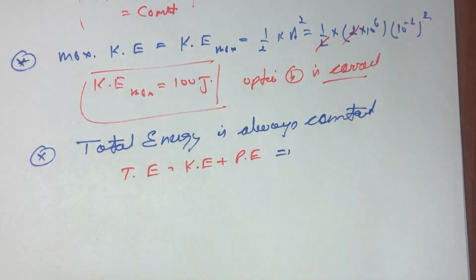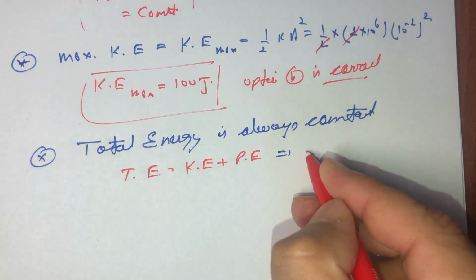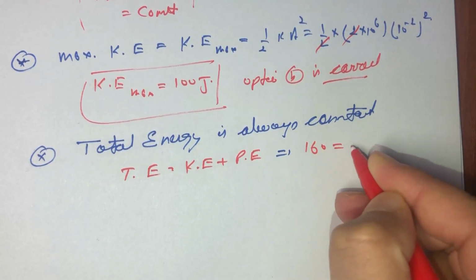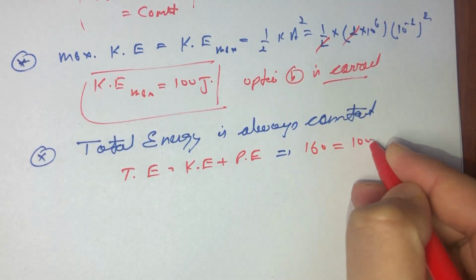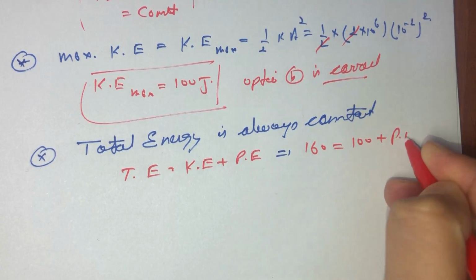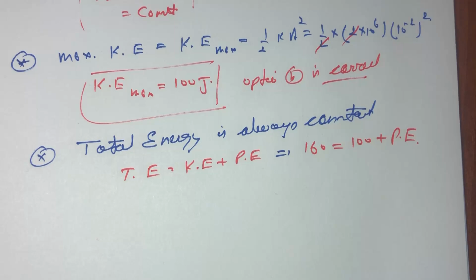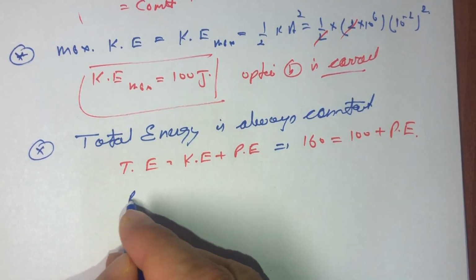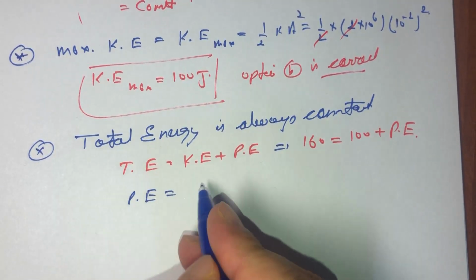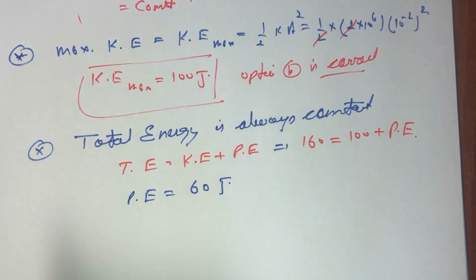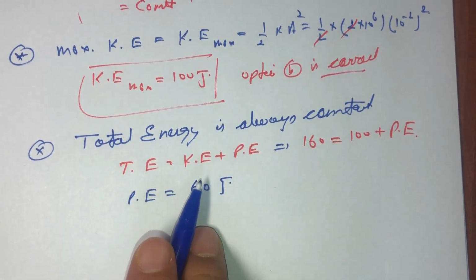So 160 will be equal to 100 plus potential energy, and from here we get that potential energy will be equal to 60 joules.